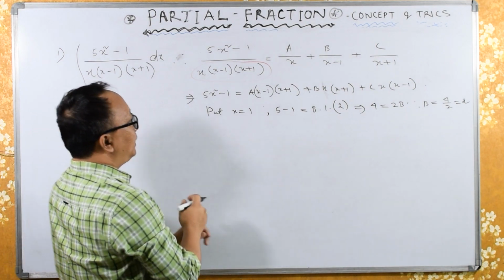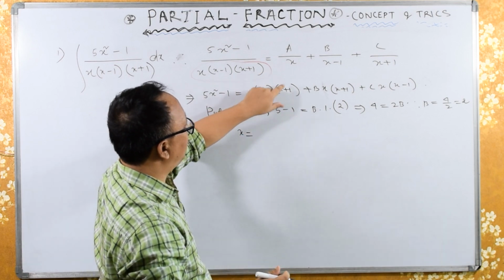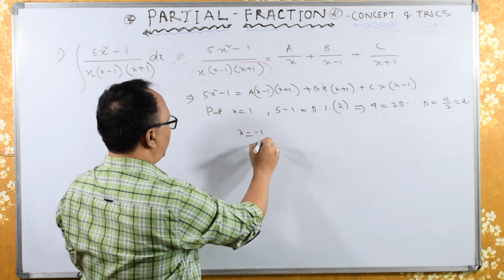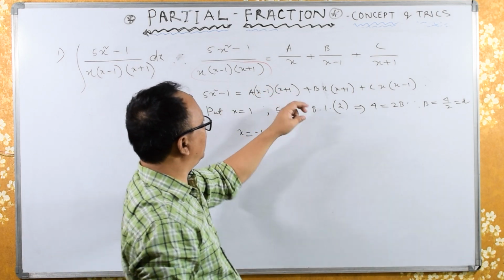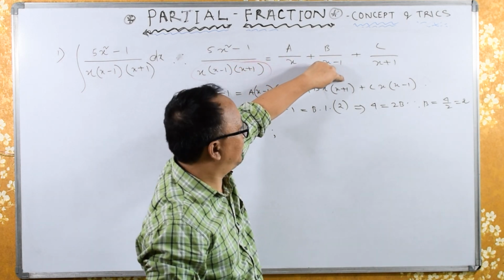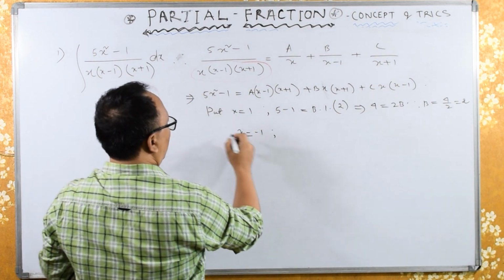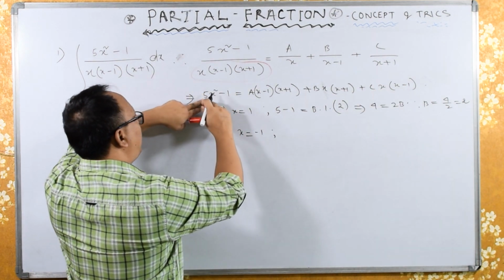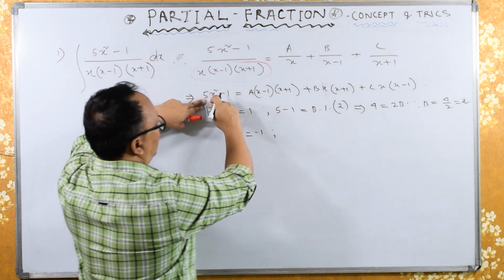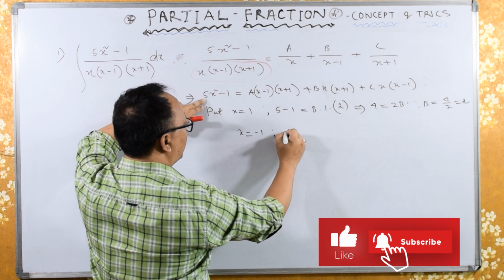Similarly, if I substitute x equals minus 1, then these two terms will get cancelled, and I will get the value of c. So 5 into minus 1 whole square is 1, so it doesn't have any effect. 5 minus 1 is the same as 4.